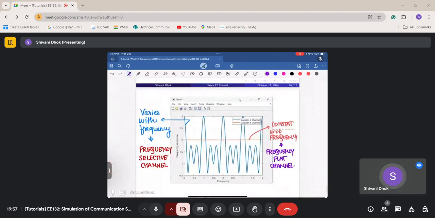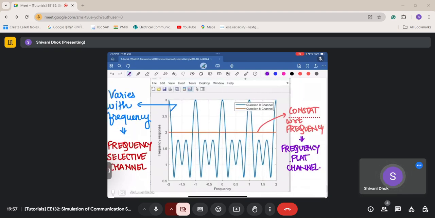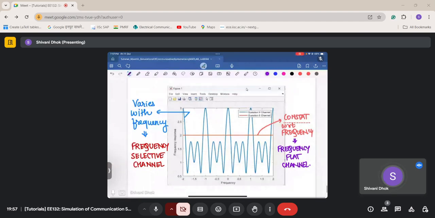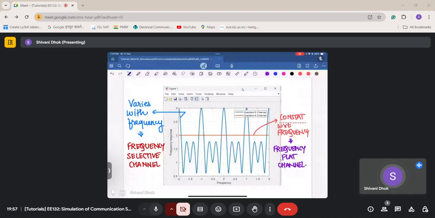Now considering this frequency selectiveness, we need to modify our communication systems accordingly, which is not a part of this course, but yeah, these are two different types of channels.